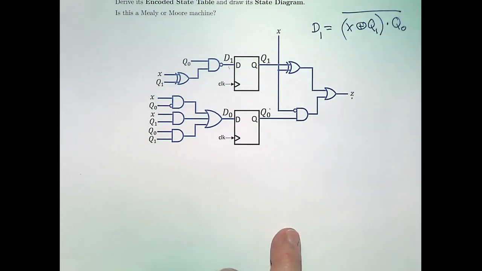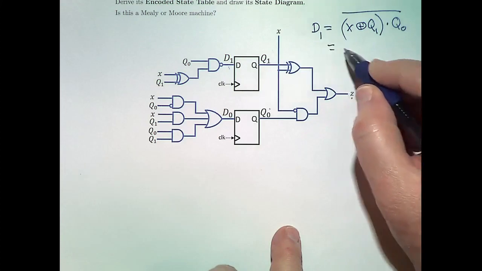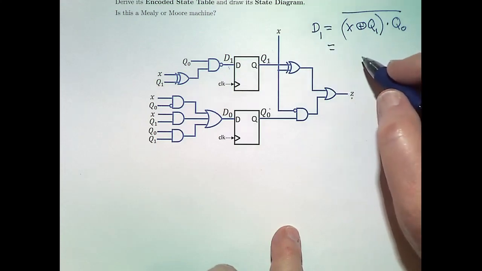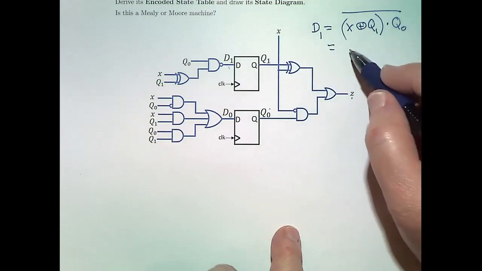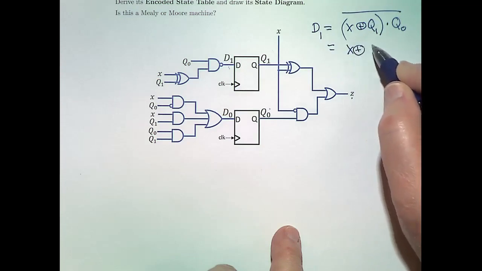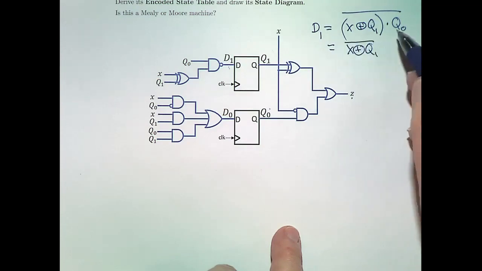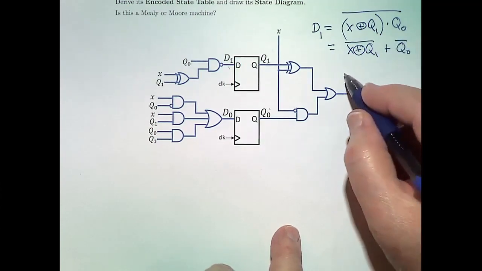Okay, can I simplify this a bit? That's going to make it easier for me to fill in the table. So I'm going to write X XOR Q1 bar plus Q naught bar. Okay, what about D0?